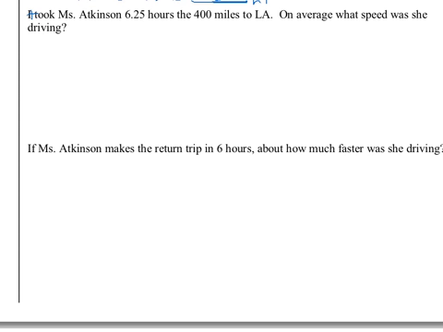It took Ms. Atkinson 6.25 hours for the 400-mile trip to LA. On average, what speed was she driving? Again, we're talking about a speed, so this one is going to be asking us to solve for a unit rate.